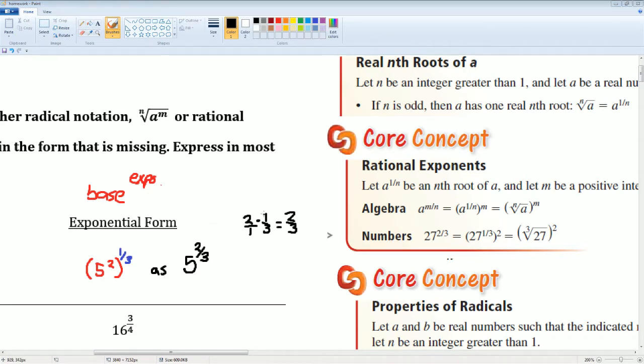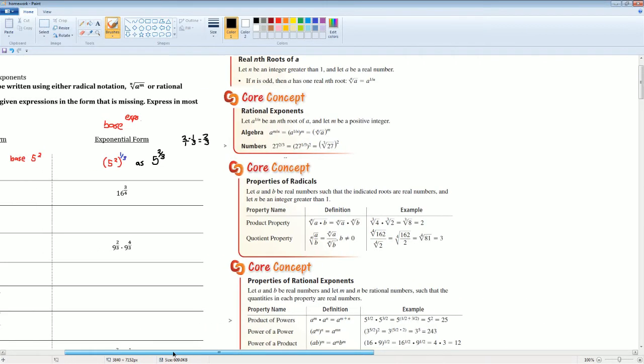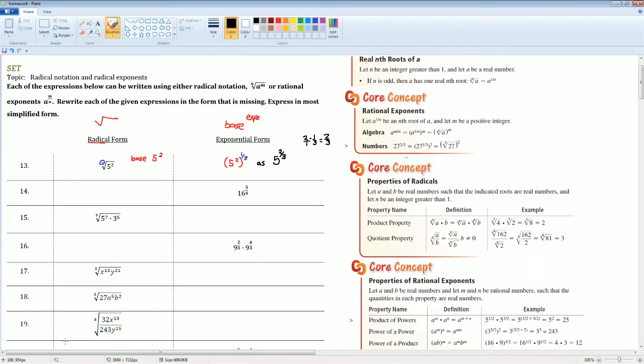All right. Good. Let's take a look now at this part. What about if it's already in this format? So let's make sure we understand that the base here is 16, and we could split this. Do you see how they split it right here?